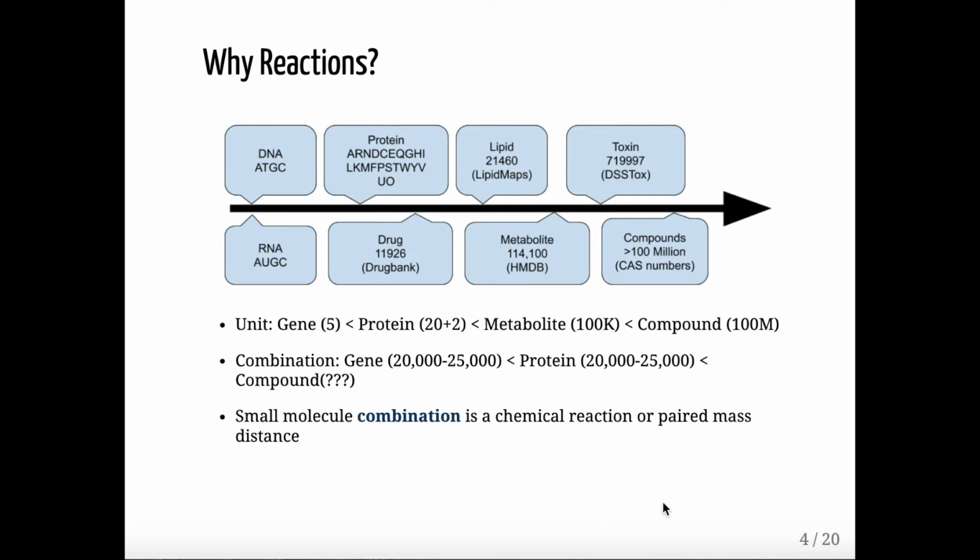We just need to care about the combination. For example, the gene combination is a base pair, and for protein, the combination is a peptide bond. But what's the base pair for small molecules? Here I think the small molecule combination is a reaction, or chemical reactions. In terms of mass spectrometry, it's the paired mass distance.